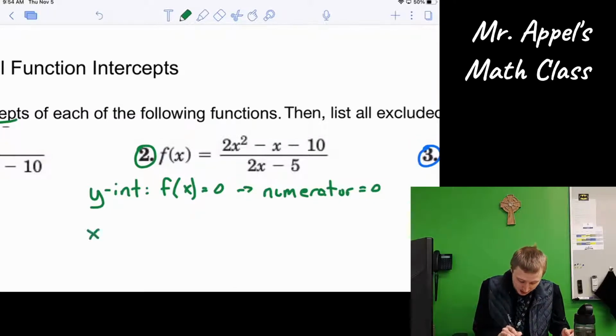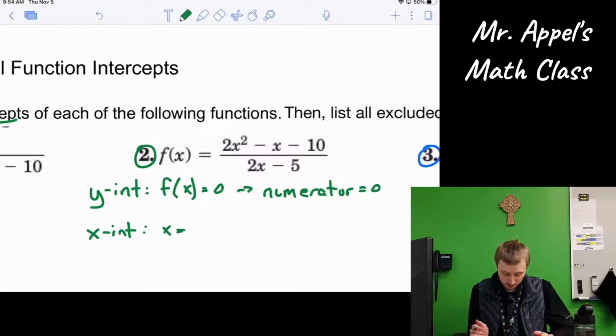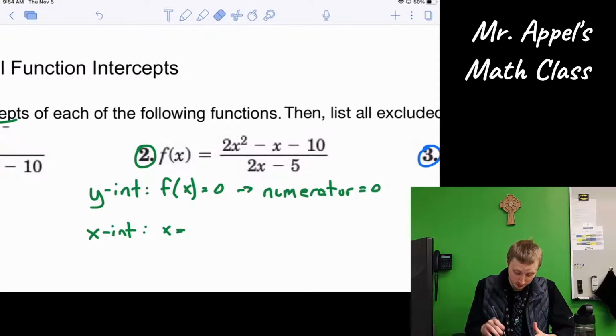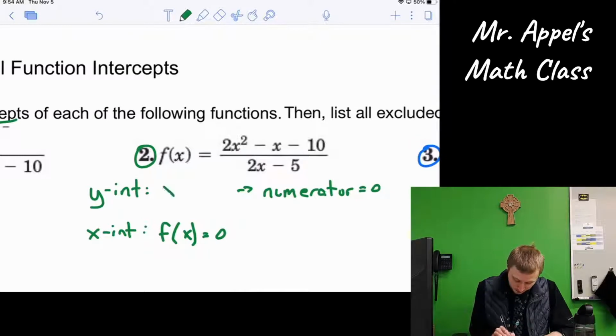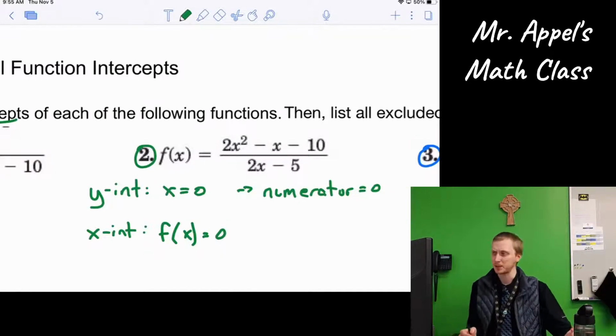For the x-intercepts, that is quite literally when... I reversed that. I wrote those backwards. I am so sorry. What values of x cause the function to equal 0? This is when x equals 0. There we go. That's what I meant to say.